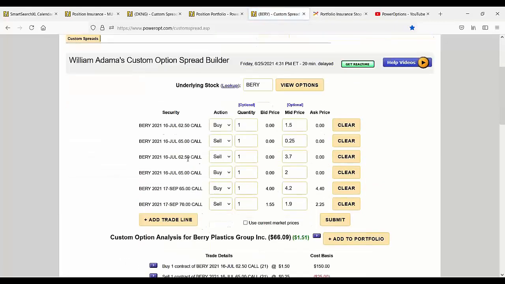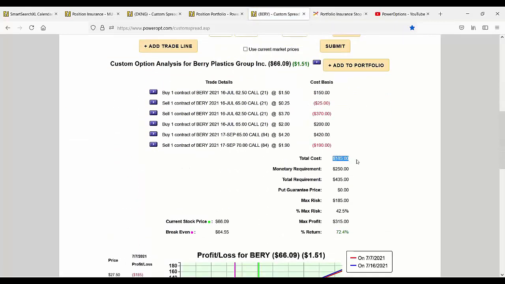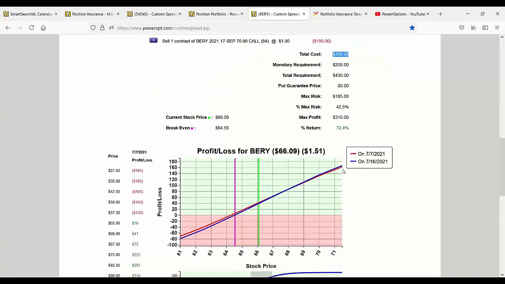So if I submit now the September series, I know the net debit's only going to be $1.85. That's taking into account all 4 previous transactions and the 45 cents, plus this new net debit of 420 minus 190, which would be 230, minus the 45 cents. And so I know what my break even would be, 64.55 on this new position.